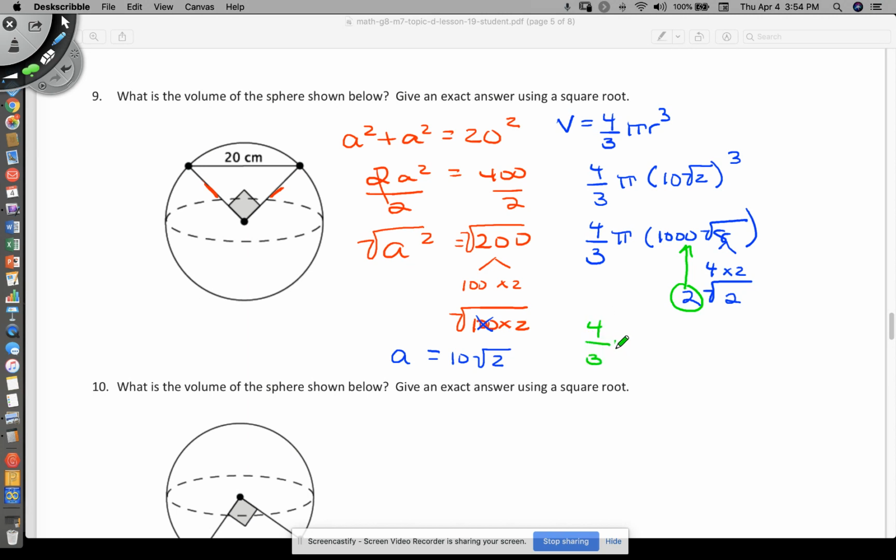I have 4/3 pi times 2,000 root 2. Now I'm going to do 4 times 2,000, and I get 8,000 root 2 pi over 3 centimeters cubed. And that is your final answer. All right, you guys will do number 10, and that will end this video tutorial.